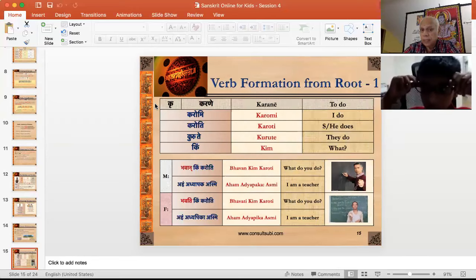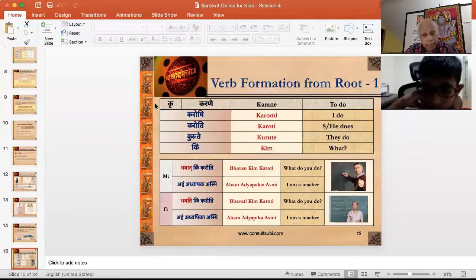Here, the sentence is different. In English, it's the same. You can ask the same question to a boy or a girl, what do you do? But here, if you're asking a lady, you have to say, Bhavati kim karoti. You see that? Bhavan becomes Bhavati. That's a feminine gender. She can say, Aham adhyapika asmi. It is not adhyapakaha.